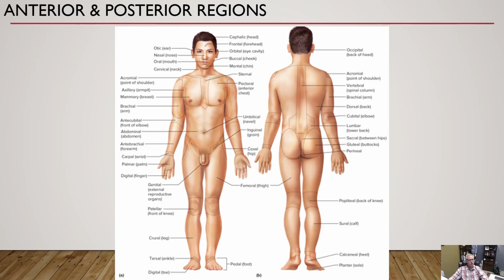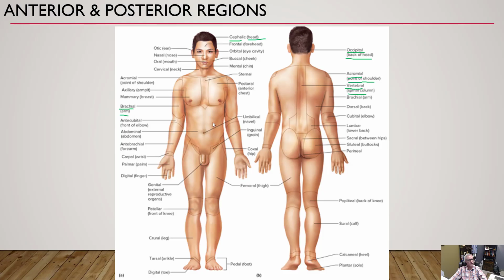Here's a picture of the medical term and a non-medical term. Cephalic means head, occipital means back of the head, acromial means shoulder, vertebral means spinal column, brachial means arm.